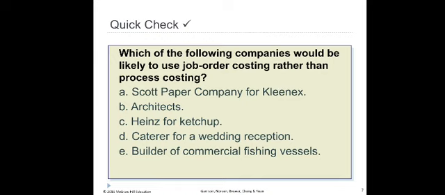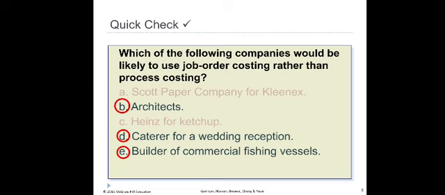This is also an example of a business that should use job order costing, because every fishing vessel is built after receiving a customer order, and every vessel is unique according to the requirements made by the client or customer. So the answers are three businesses: B, D, and E.